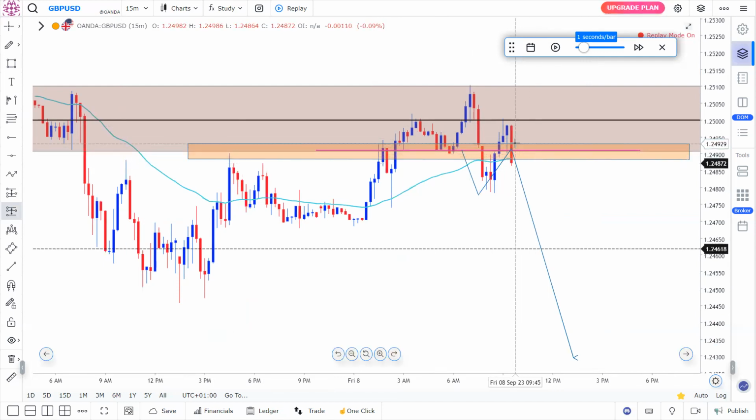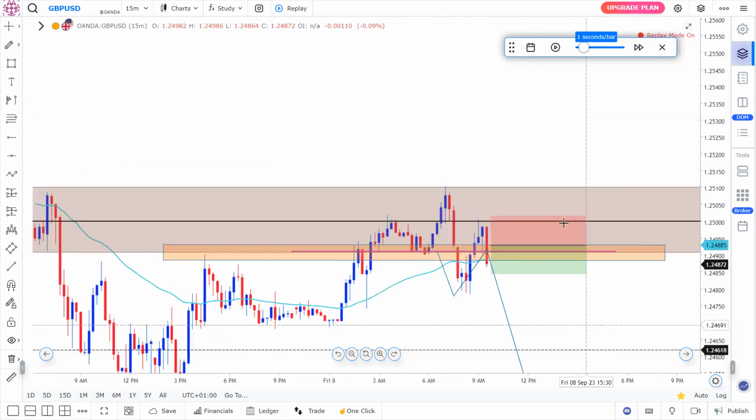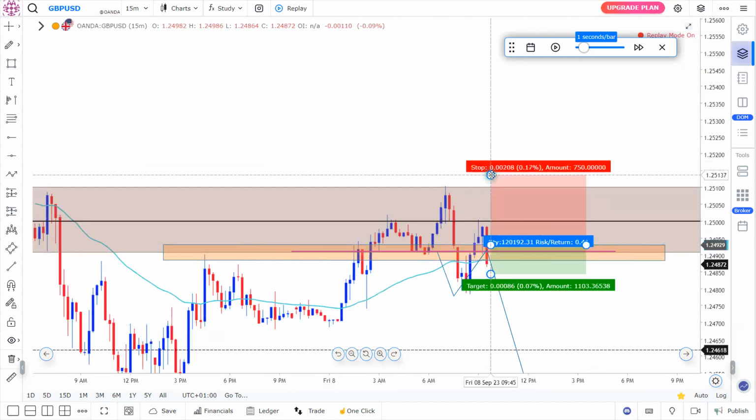I add my entry just at the next weak retest of that level.